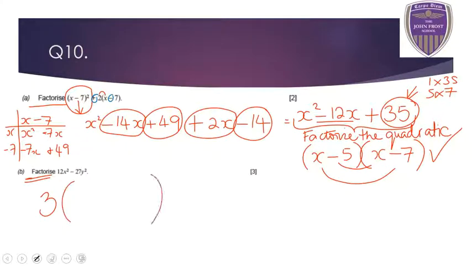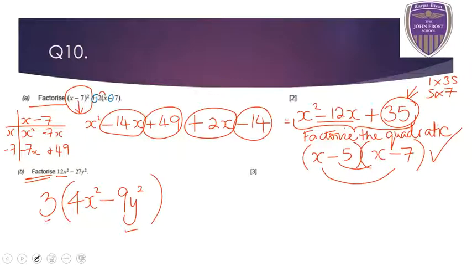And then in the bracket, I've got a 4x squared. Just check, if you times that by 3, you'll end up with 12x squared minus 9y squared. And again, check, 3 times 9y squared will be 27y squared.